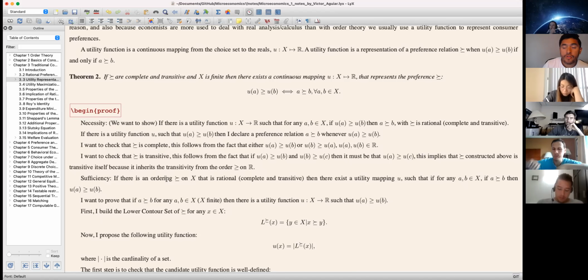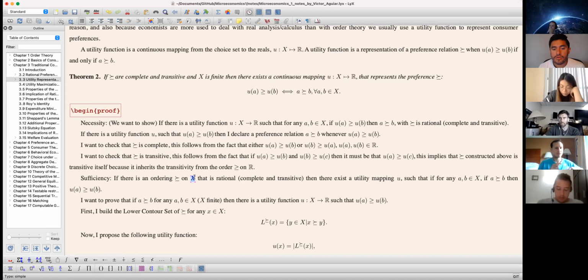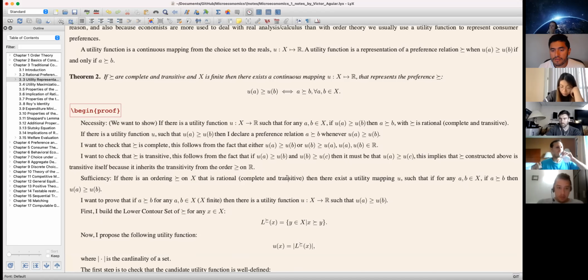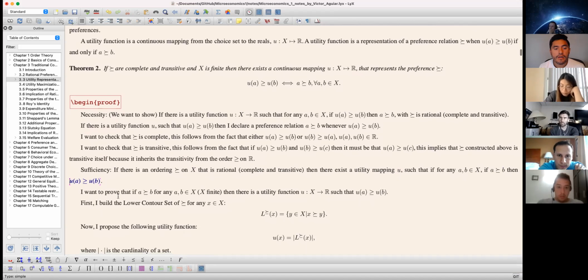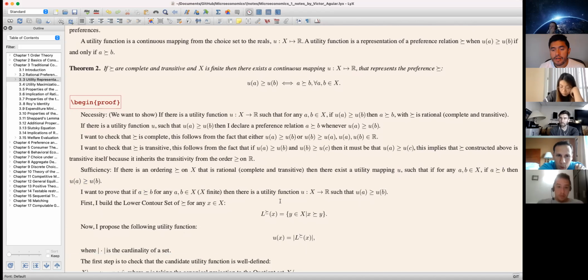Imagine there is an ordering on X that is rational, complete and transitive. Then I want to show that there exists a utility mapping U such that for any A and B, if A is preferred to B, then the utility of A is greater than or equal to the utility of B. So I want to prove that if A is preferred to B for any A and B in a finite set, then there is a U.